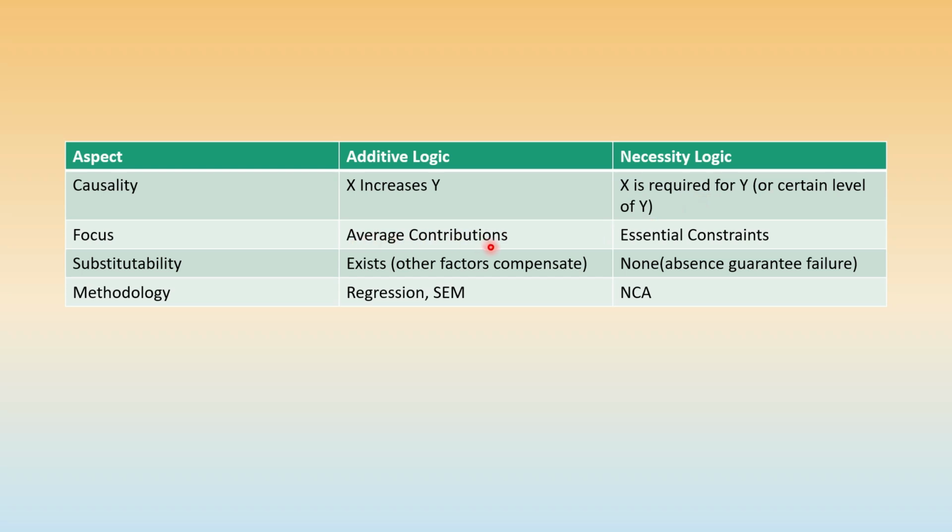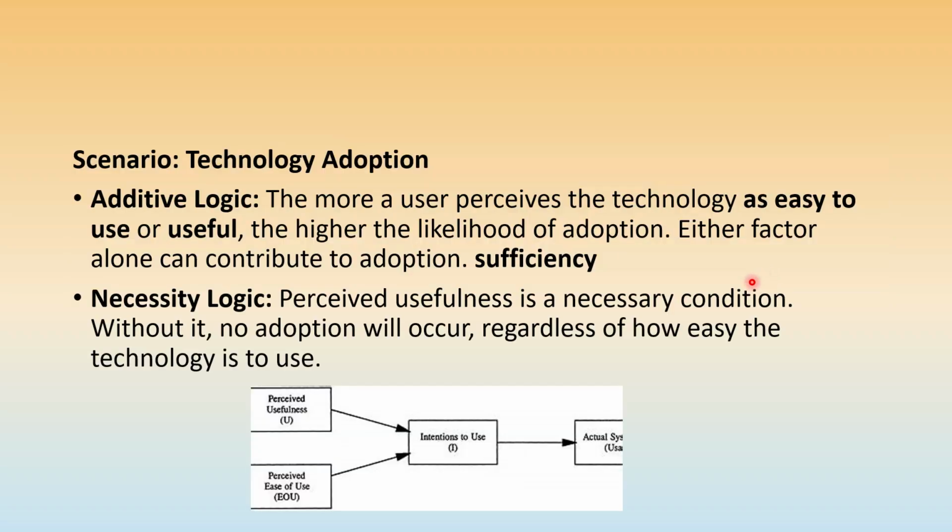In additive logic, their average contributions are checked for how they impact Y. In necessity logic, the essential constraints, the levels of X which are necessary for a certain level of Y, are examined. In additive logic, there may be other factors which compensate. In necessity logic, we say that if this factor is not present, failure is guaranteed, as Y is not present.